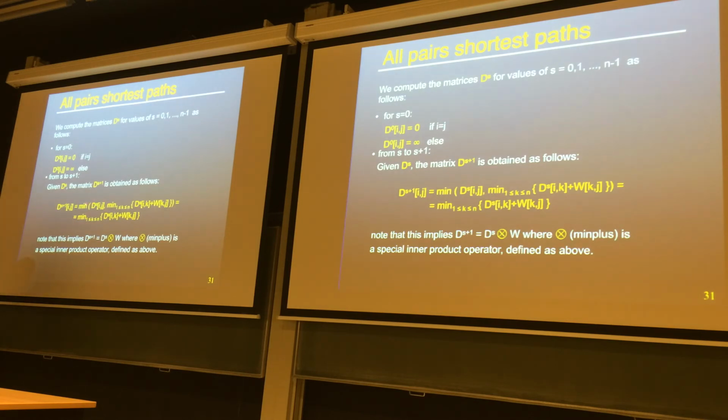Why is this? The minimum of taking this plus that equal to the minimum of this. If it's already in DS, then the WKJ is 0. And why do I know that this already is in DS?